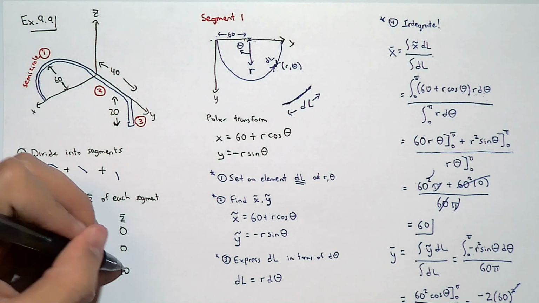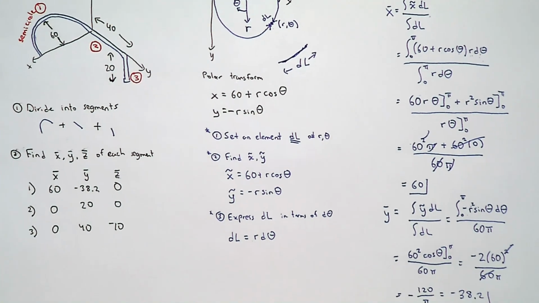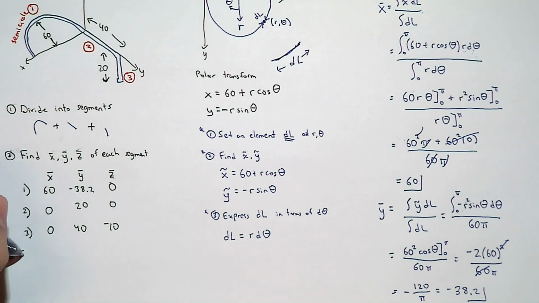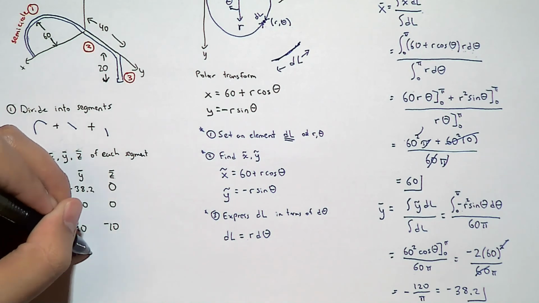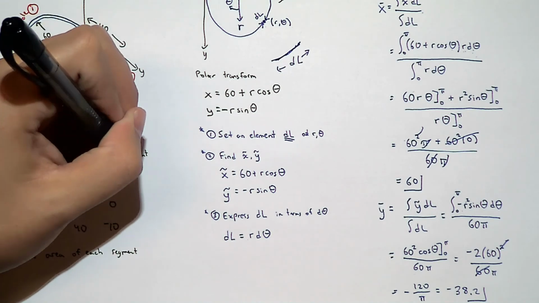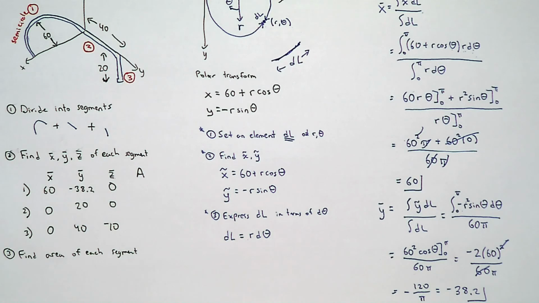Okay. You may recall that the third step was to find the area of each segment. I can just write it down here. Oh, in this case, it will actually be the length because we're doing one dimension.